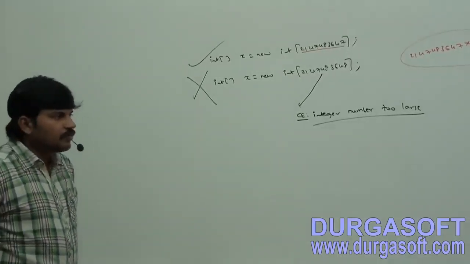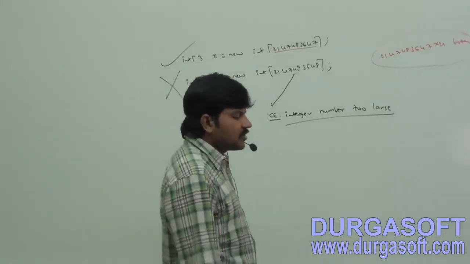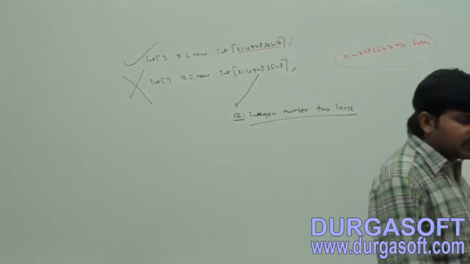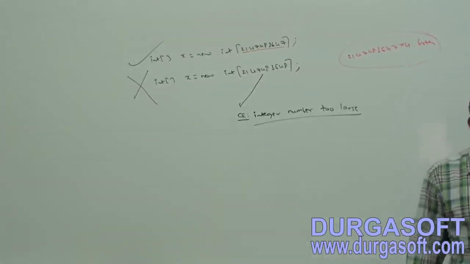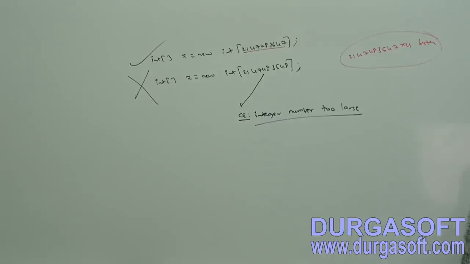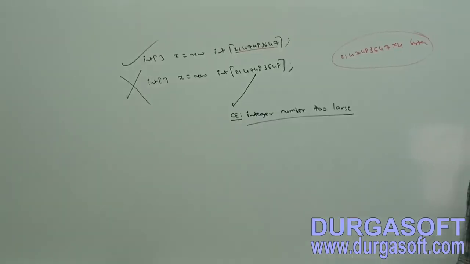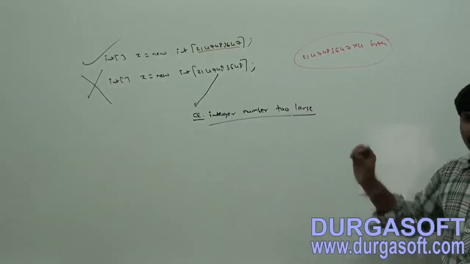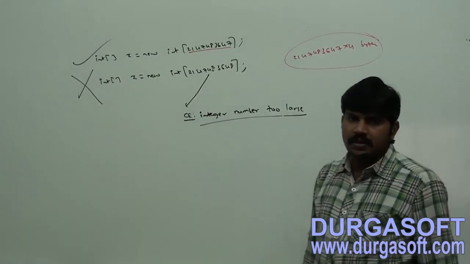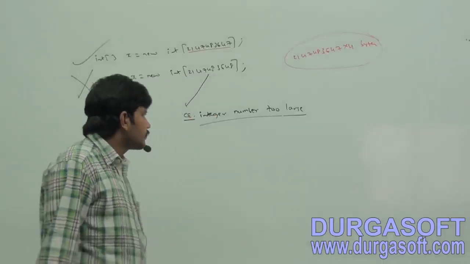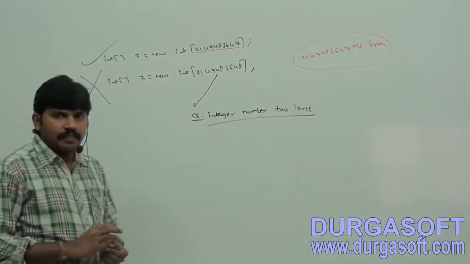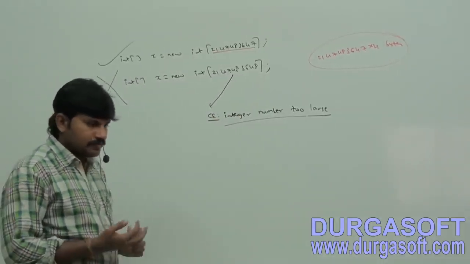That is not my program's mistake; that is lack of system resources. I can't do anything in this case. Completed, right? Integer number too large, like a compile time error we are going to get. Clear for you people?